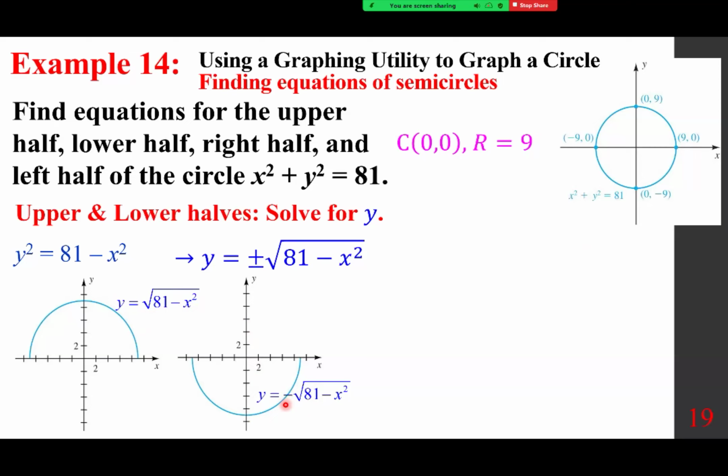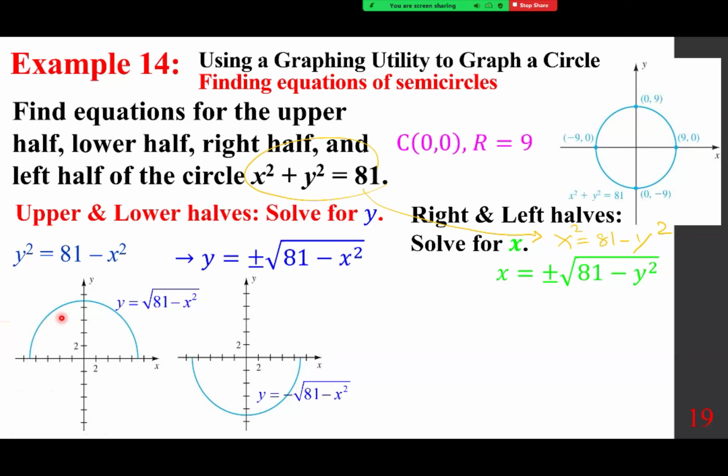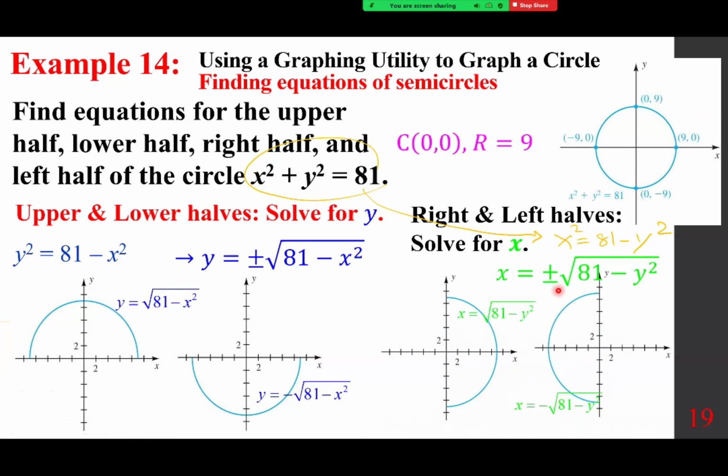If we want the right and the left, we have to solve for x. So we are going to solve for x, which means x squared is 81 minus y squared. And x is plus minus square root of 81 minus y squared. Now, the positive one is the right half, the negative one is the left half.